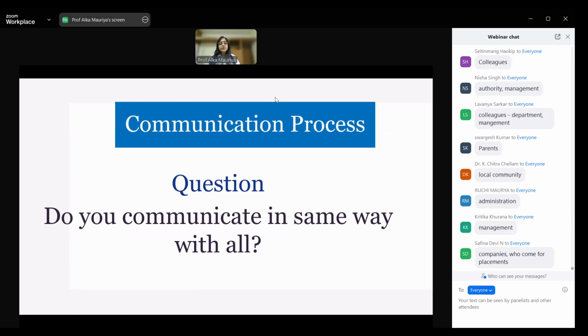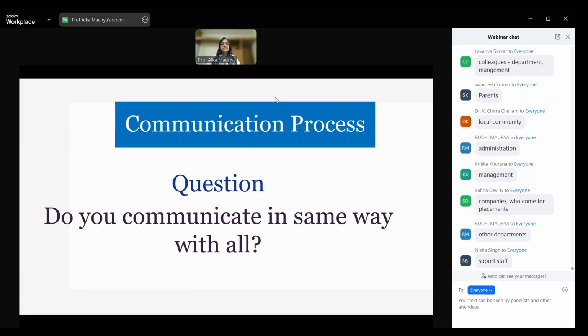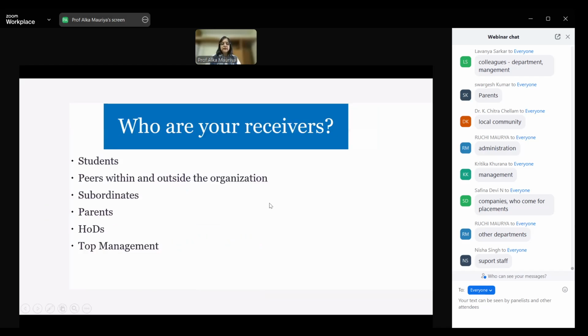All right. So when we're talking about the communication process, we communicate differently with different stakeholders. Definitely students are our major stakeholders. And in addition to that, we also communicate with peers within and outside the organization.